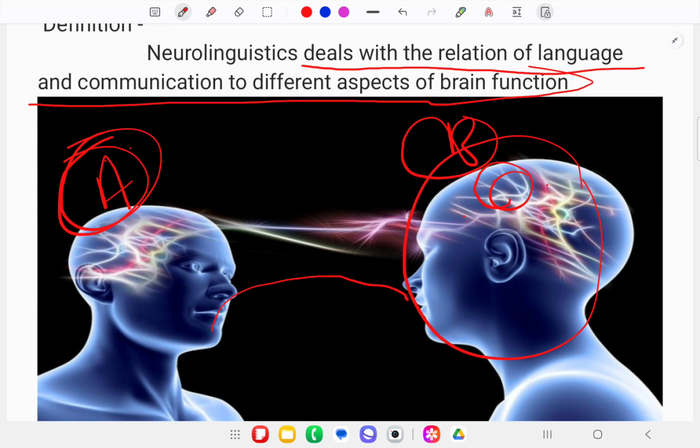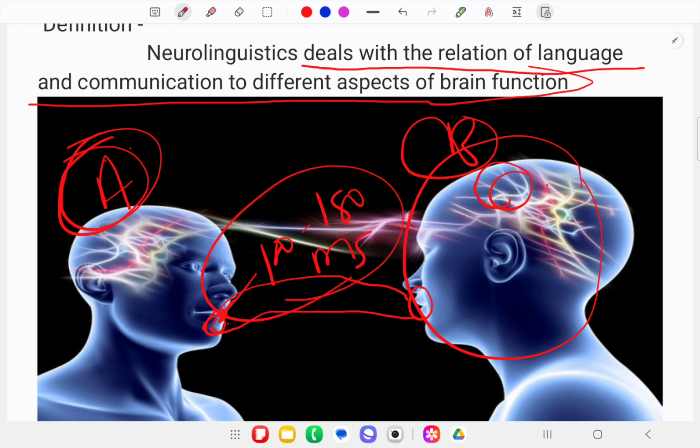There is a gap between the speaker and the listener, the receiver. Between when a person speaks a word and when another person hears the same word, there is a gap of 100 to 150 milliseconds.